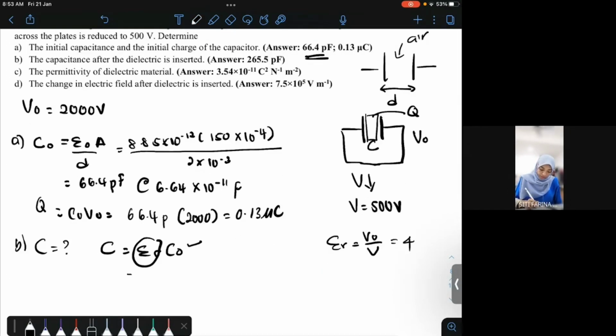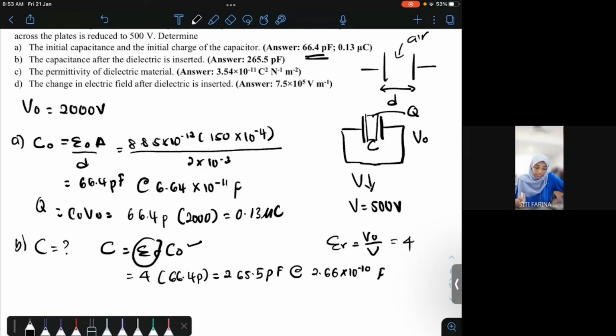Once you got that, 4, 66.4 picofarad, you can get your answer such as 265.5 picofarad ataupun kalau dalam calculator you're going to end up with times 10 to the power 10 farad.